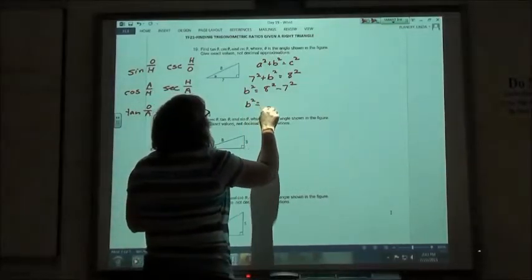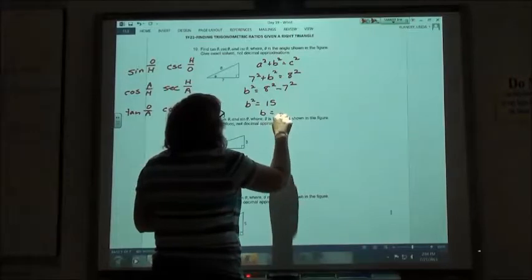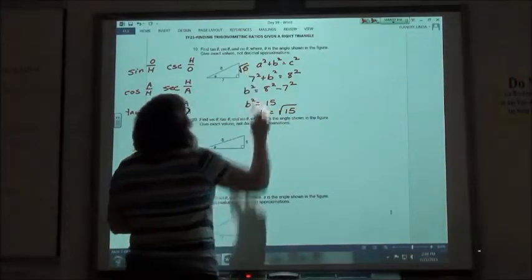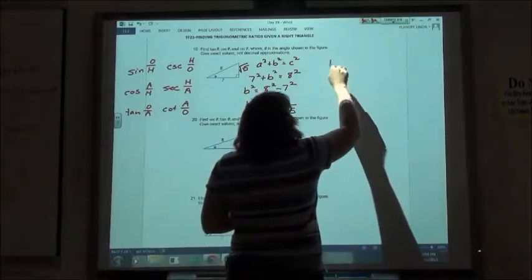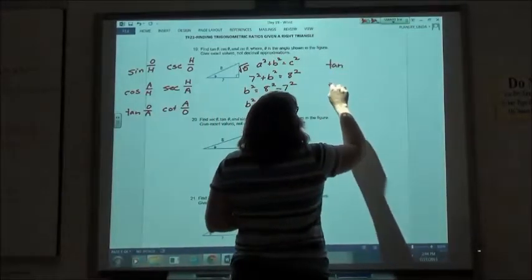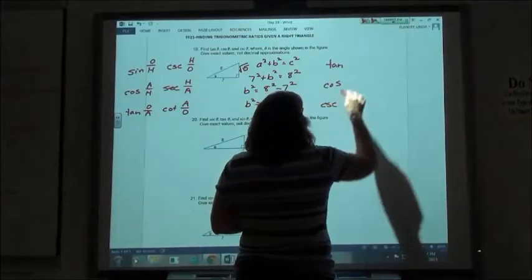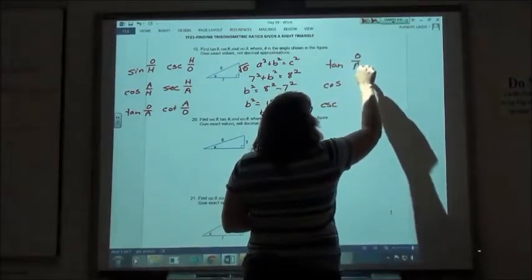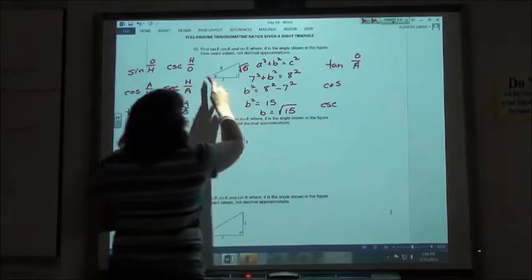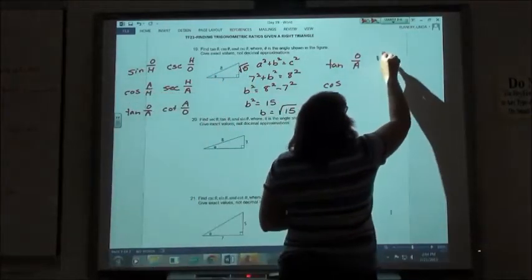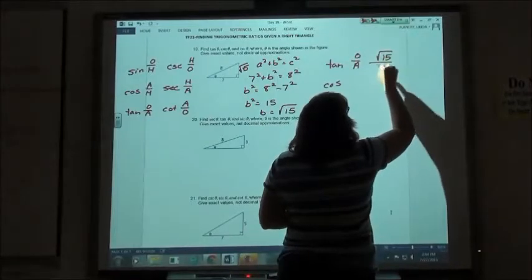B squared equals 15, so b is the square root of 15. And we are going to do tangent, cosine, and cosecant. Tangent, opposite over adjacent. So the opposite is square root of 15, adjacent is 7. So square root of 15 over 7.